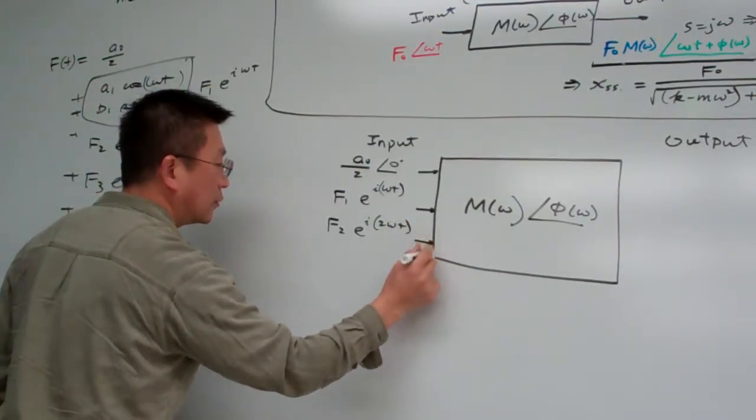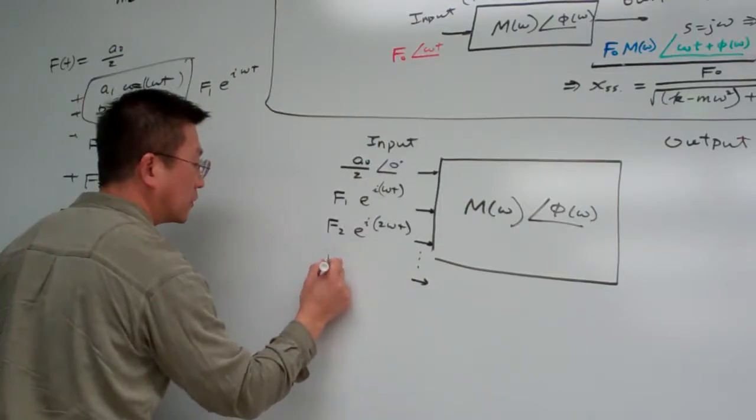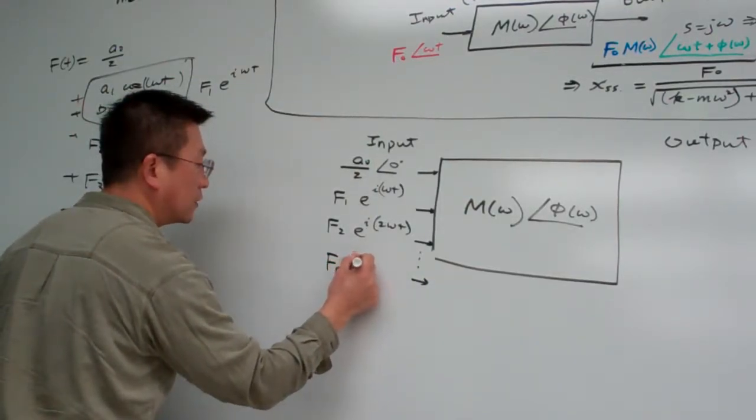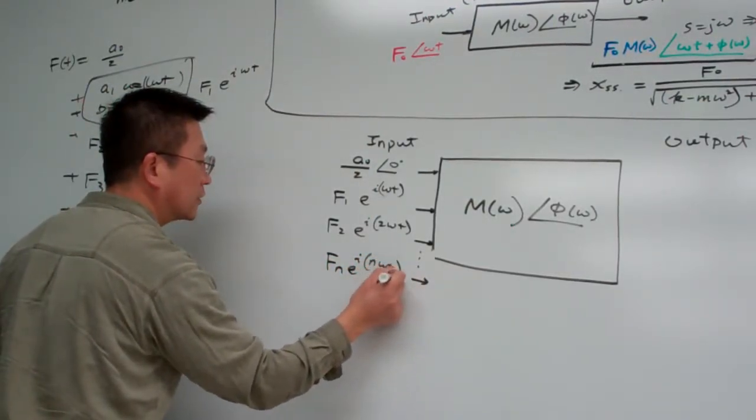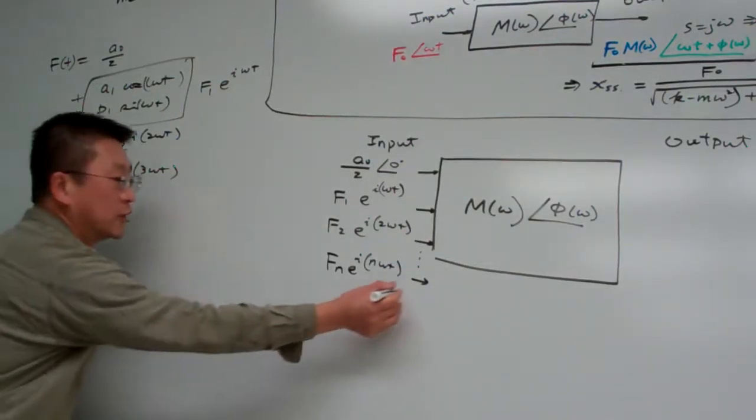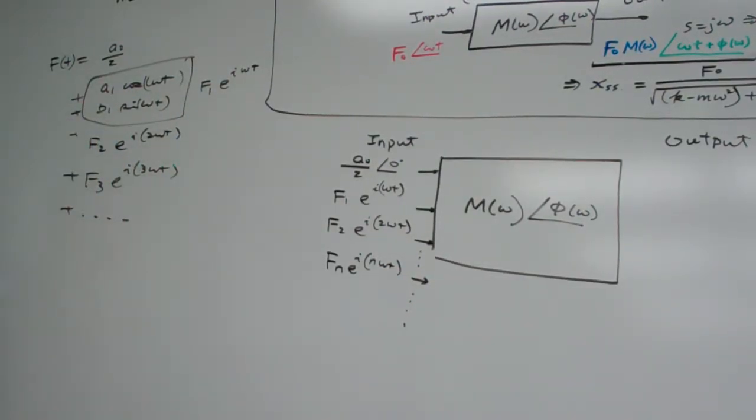Let me build up this one. Continue. So Fn e^(i n omega t). We have so many different terms. Good. Any questions?